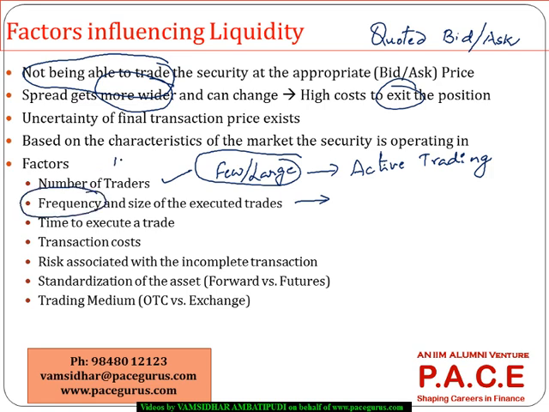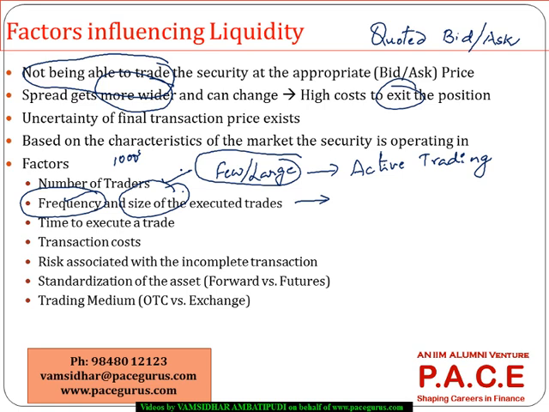We are also talking about the frequency of transactions. There may be thousands of traders, but how frequently are they trading? Is it on an intraday basis, daily, weekly? What is the frequency at which they get into buy and sell transactions, and what is the size of the trade? Are large volumes getting exchanged quite frequently?